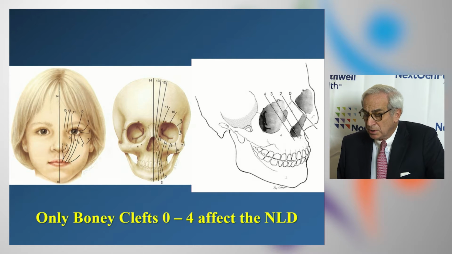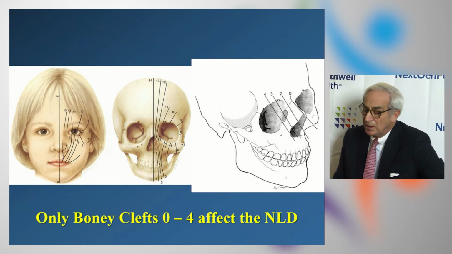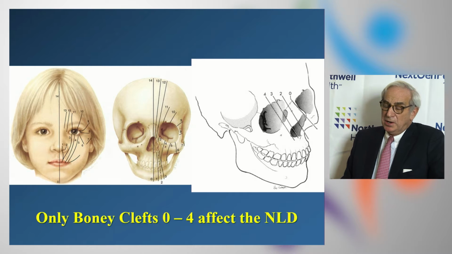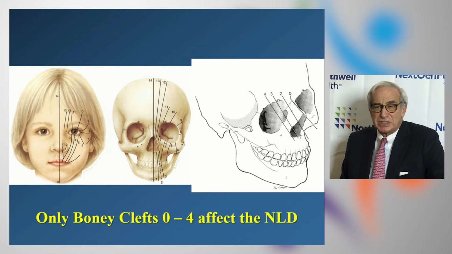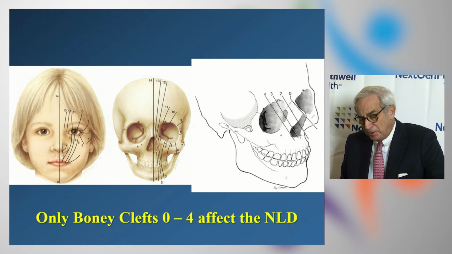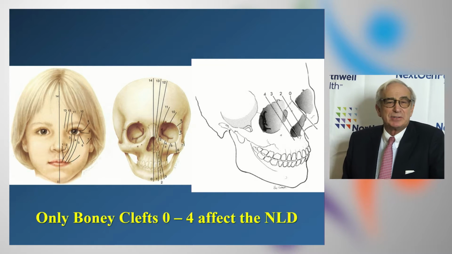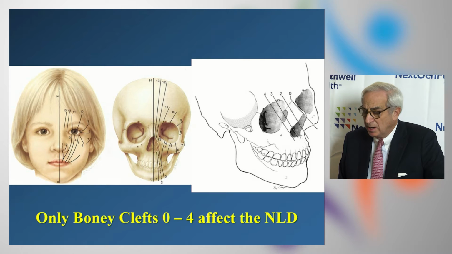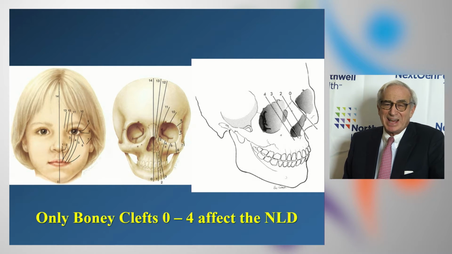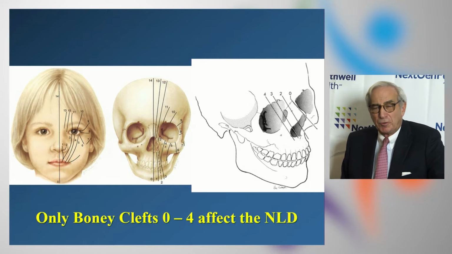Now, when you look at the clefting syndromes that occur mid-face, you're almost always intersecting with the lacrimal sac, the lacrimal outflow system, and the channels that lead to the lacrimal sac. If you think of tearing as purely an aesthetic phenomenon, you're incorrect.